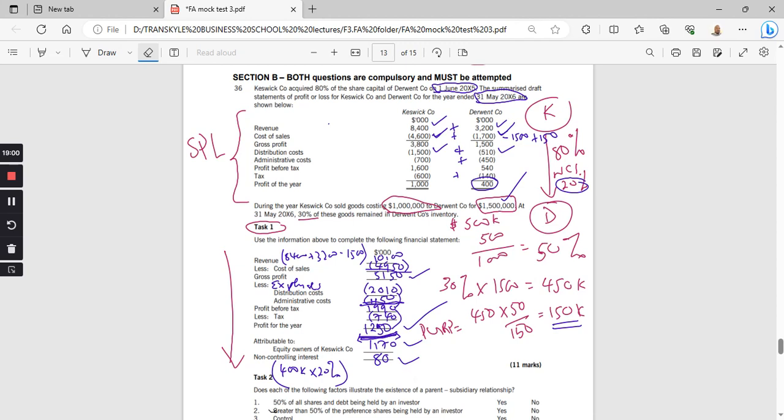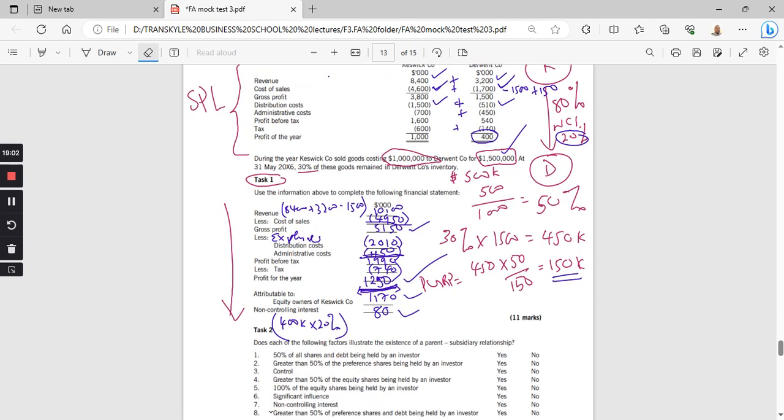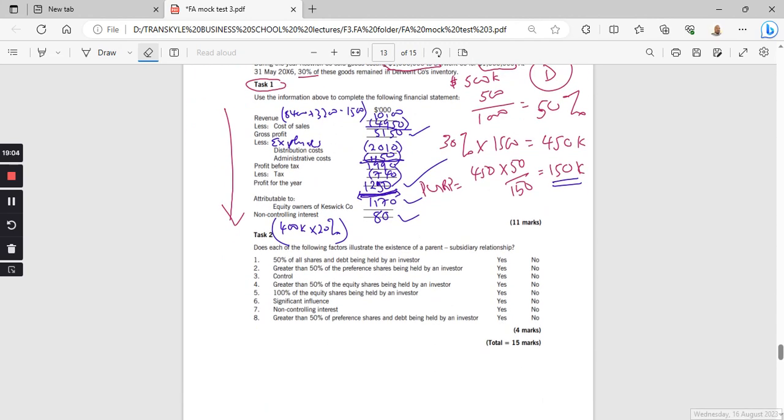All right, then let us do task number 2, to see if we can ask the question as well. Does each of the following factors illustrate the existence of a parent subsidiary relationship? So you are just going to use those factors to establish if there is a parent subsidiary relationship.